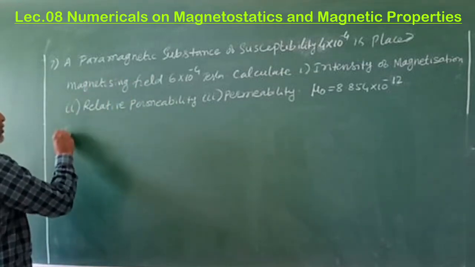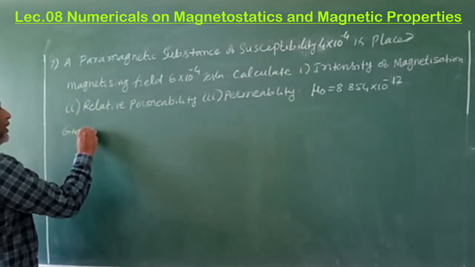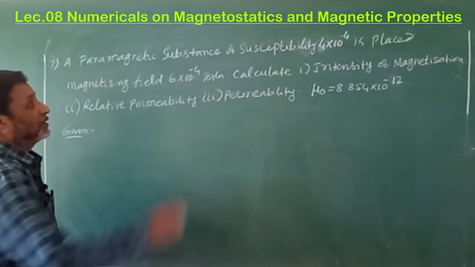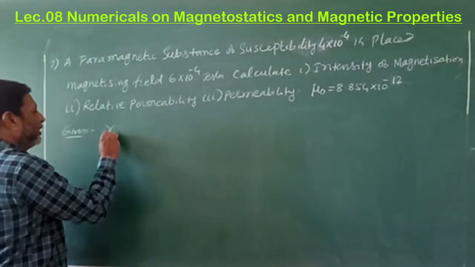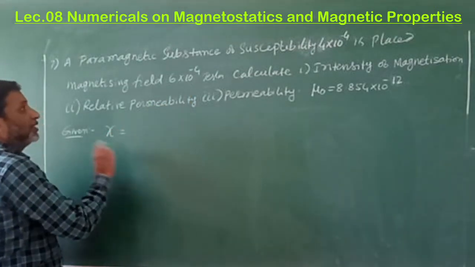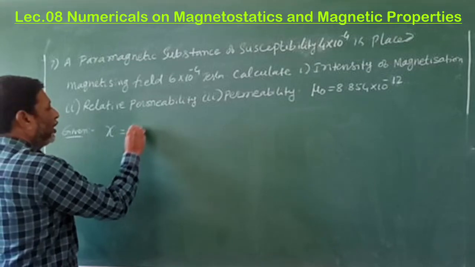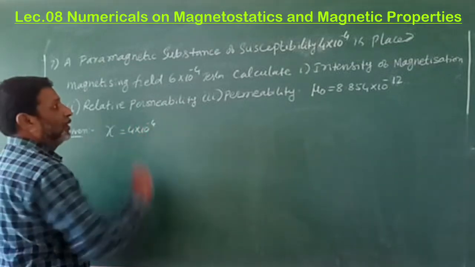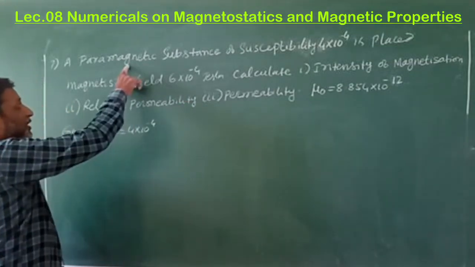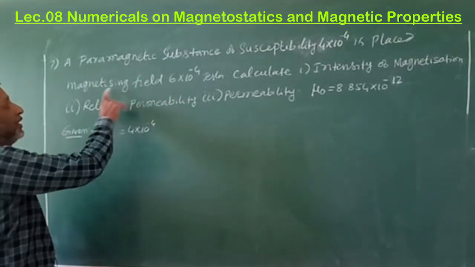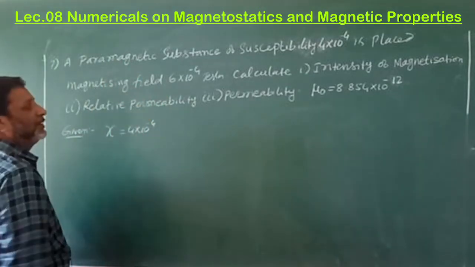The given values: the susceptibility, represented by chi, is equal to 4 into 10 raised to minus 4. That substance is placed in a magnetizing field, isn't it?